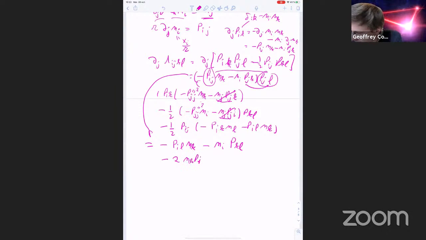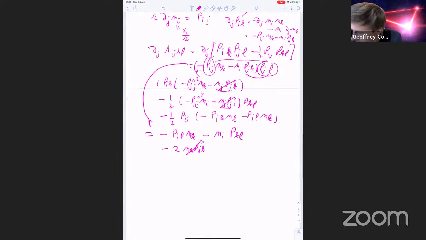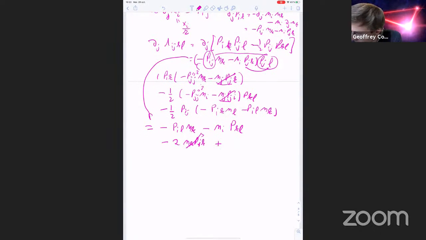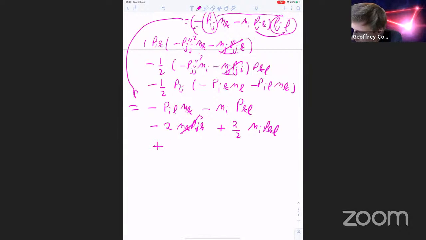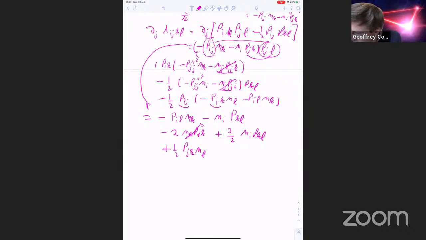But that's 0 because the n contracted with the p is 0. So what do I have here? Plus 2 over 2 n_i p_kl. And then I have a plus 1/2, this p and p contract nicely as well, 1/2 p_lj and k. That's it.